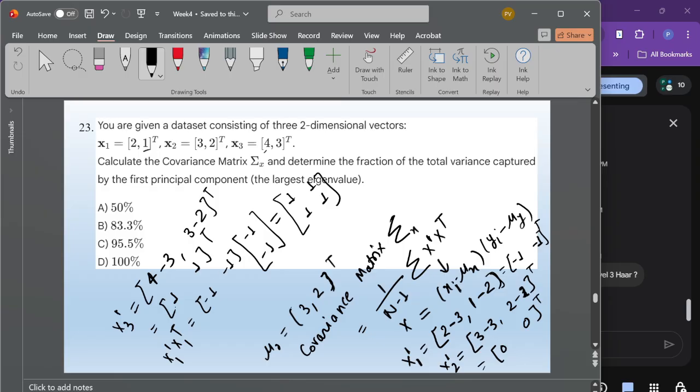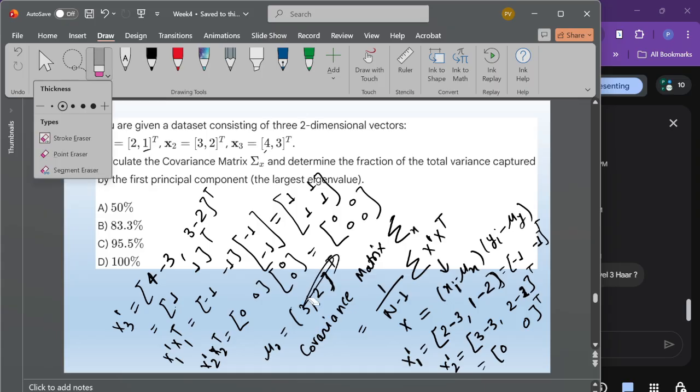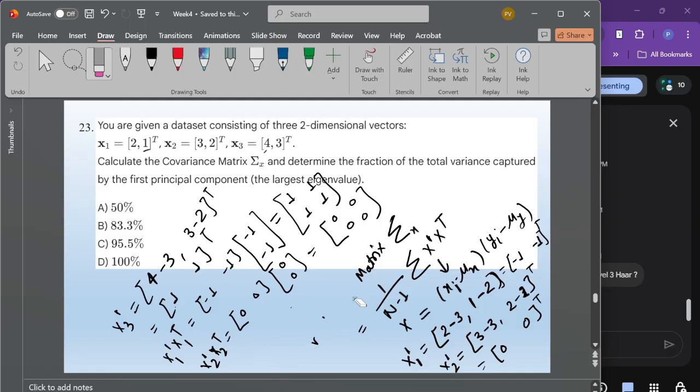Similarly for x2 dash and x2 dash transpose we will get 0 0 0 0, so an all-zero matrix.